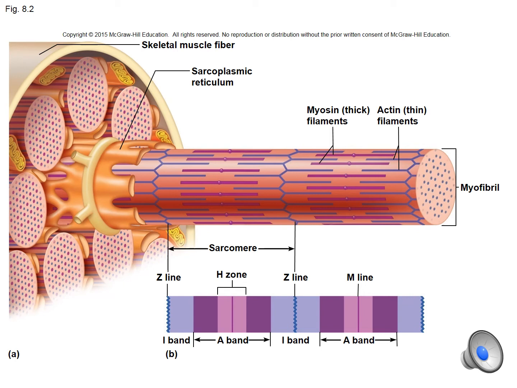So that's important to keep in mind, that the M line is in the center of the sarcomere. The H zone is the area where we only see the thick filaments, the myosin. The H zone is just where there's absolutely no overlap between the actin and the myosin.